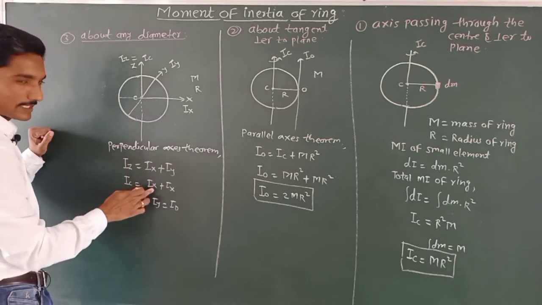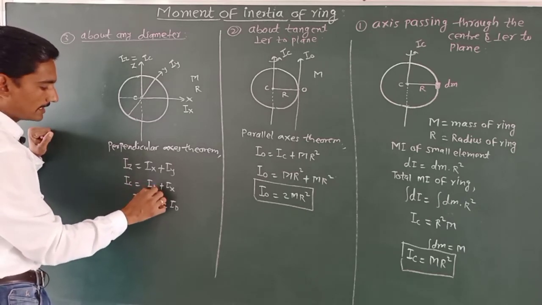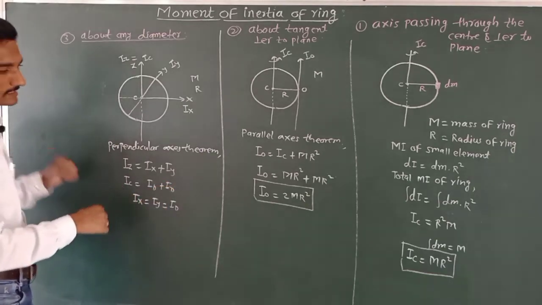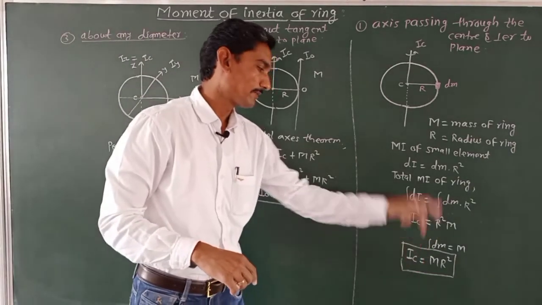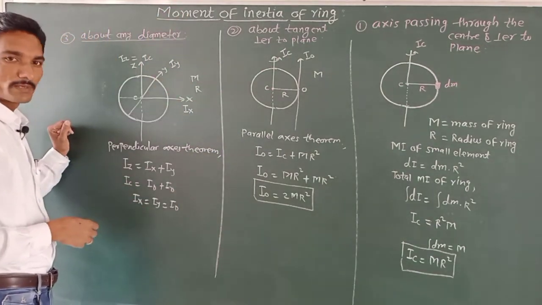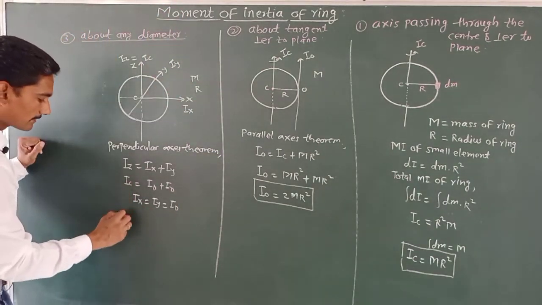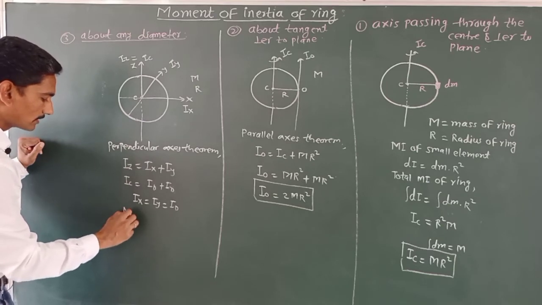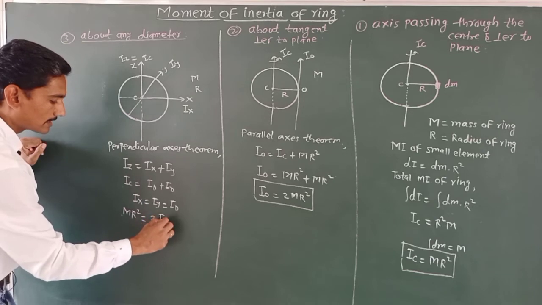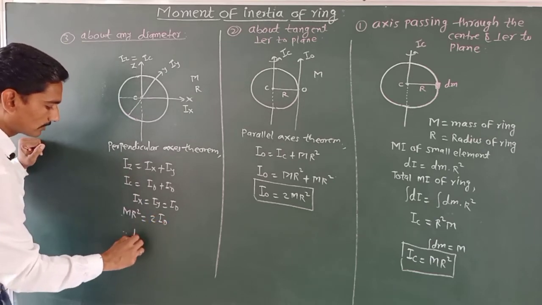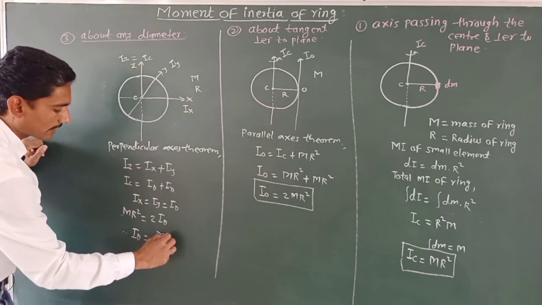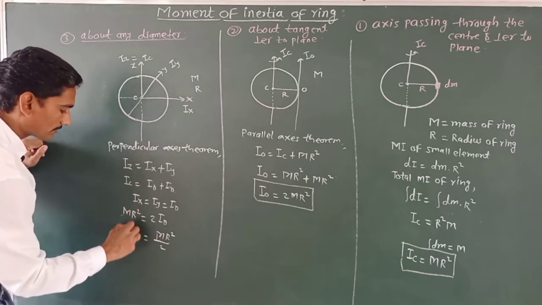So in this case we can write Id plus Id equals IC, and we have the relation for the moment of inertia of a ring about an axis passing through the center and perpendicular to the plane, that is IC equals M R square. Id plus Id is 2Id, and therefore the moment of inertia about any diameter, Id, equals M R square by 2.